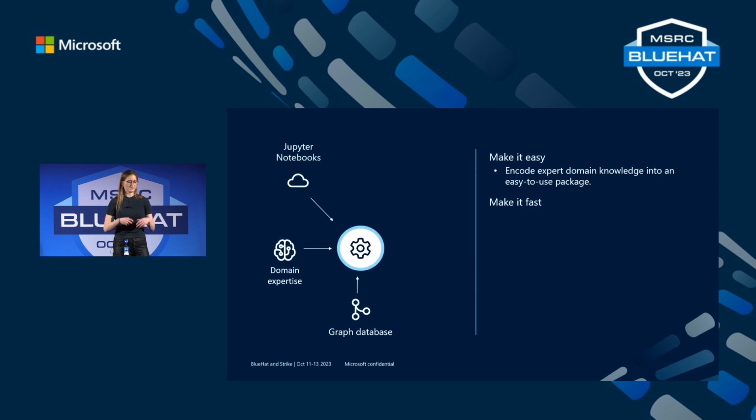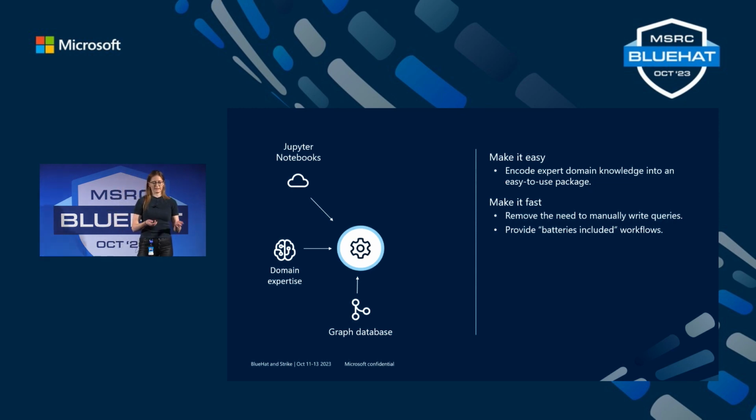So we created different Jupyter notebooks that provided batteries included workflows for, say, automating the recon phase of our threat hunting operations, automating some breach path analysis questions. And this increased the baseline speed of just writing queries in general, because we no longer needed to repeatedly handcraft these queries to answer these breach path questions, as well as blast radius analysis questions.